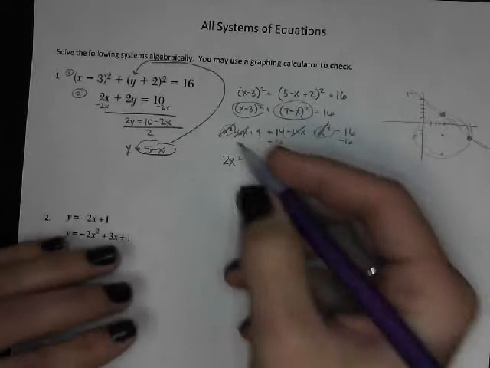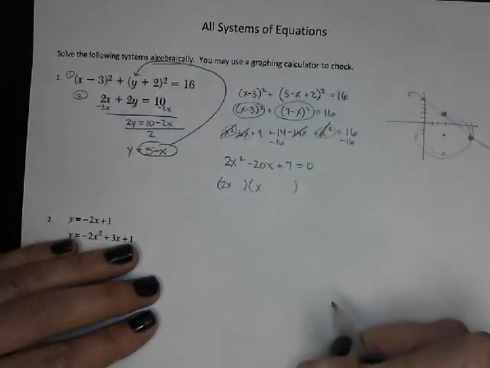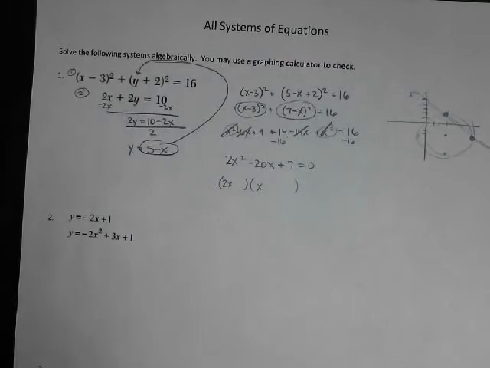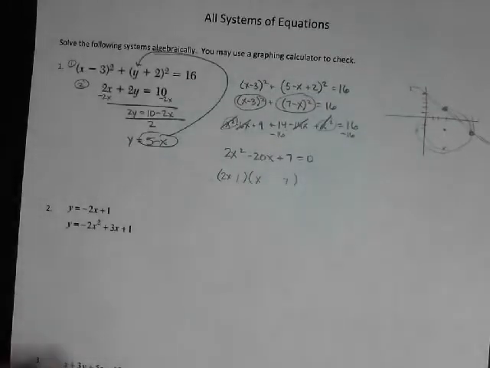So I'm going to solve this, I'll try to do it by factoring, see if it works. 7 and 1 is my only option. So what went wrong here? I feel like this should have worked out nicely. I don't believe it's factorable. 7 and 1's not going to work for me.